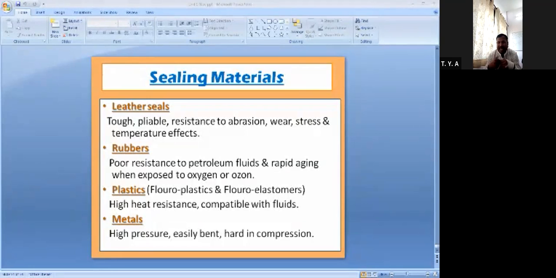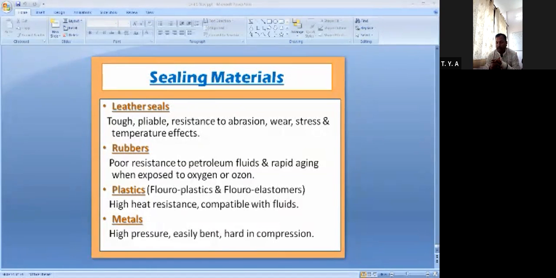Depending on all these factors, you have to choose a sealing material for that particular application. Once again, I will repeat: the material depends on hardness, fluid compatibility, resistance to heat, pressure, wear resistance, and the most important, the type of motion.